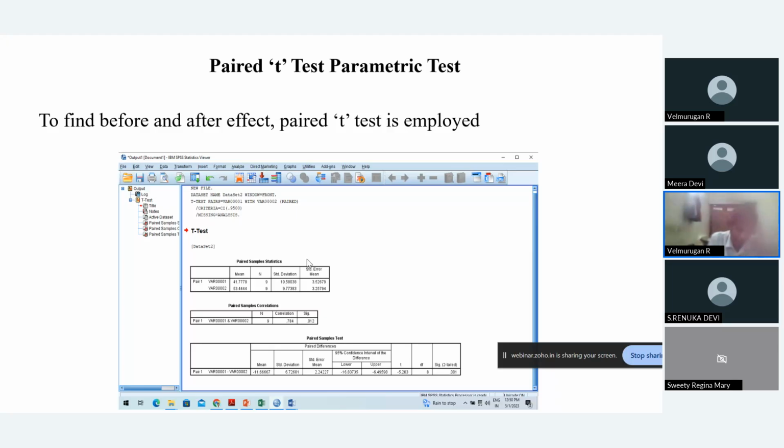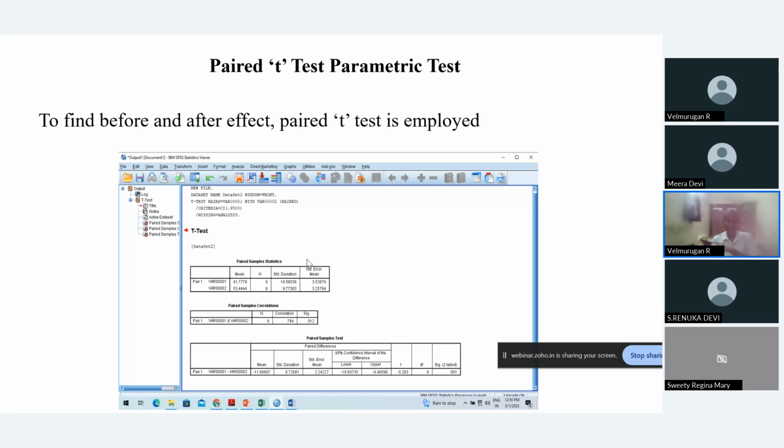For example, for slow learners or when a student fails, we arrange a special class. Then we can measure the marks secured by the student before attending this special class and after attending it, to see whether there is an improvement, for which we can employ the paired test.